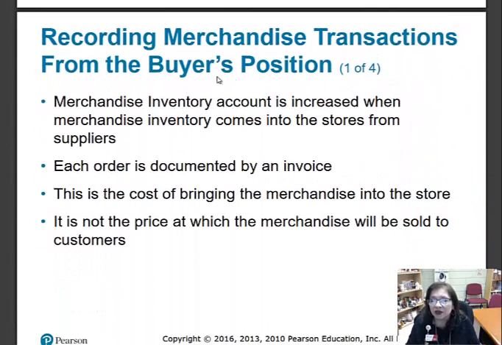When we're recording the transactions from the buyer's position, which is the one we are right now, we're buying things, okay? Our inventory account is increased when merchandise comes in, and then each order is documented, and we bring the cost in. This is the cost of bringing the merchandise into the store. It's not the price that we're going to be selling to the customers. It's our cost.